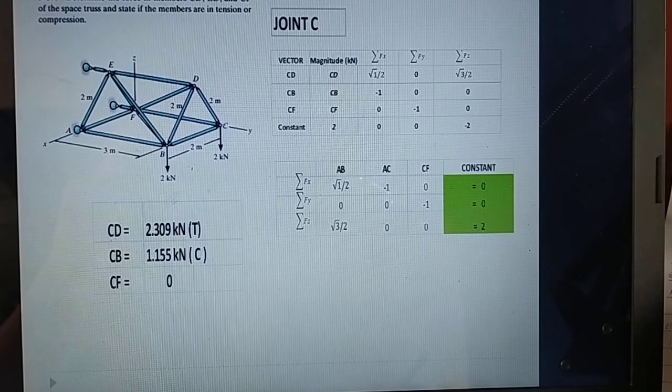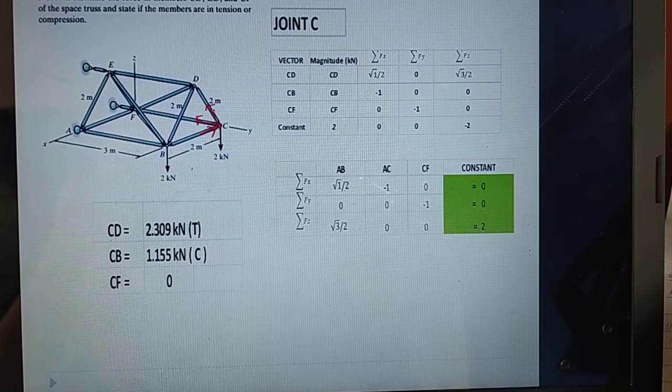So I started with joint C. We have the downward force of 2 kilonewton here. I will assume the force CD as tension, and I will assume CB as compression.